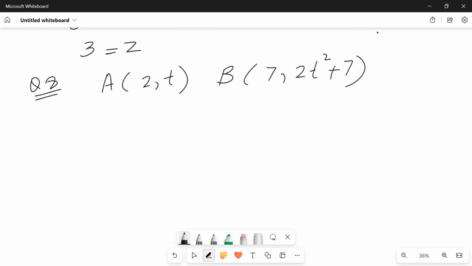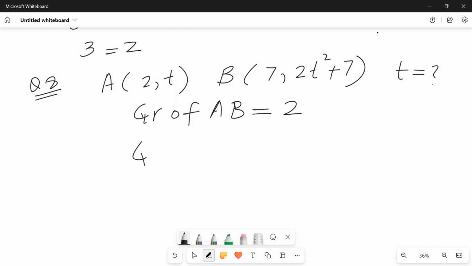So find the value of t. T value we have to find, and gradient of AB is given, that is 2.